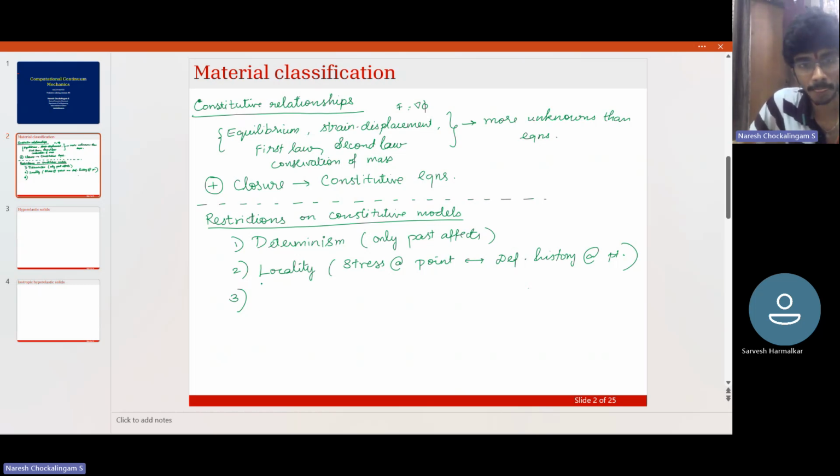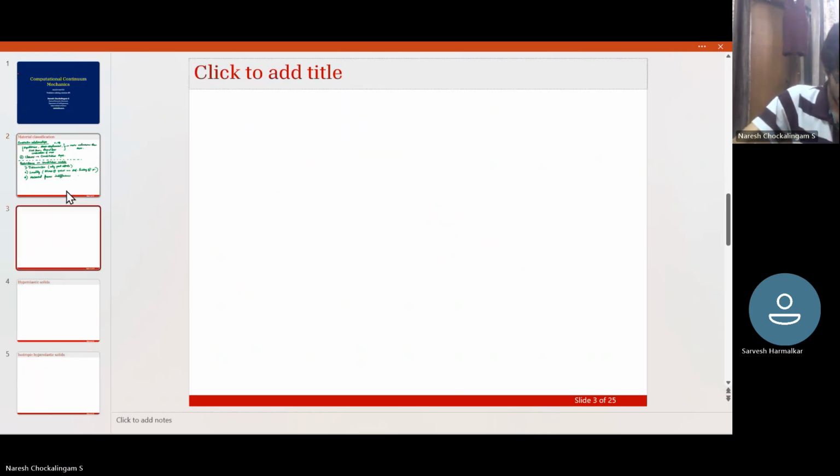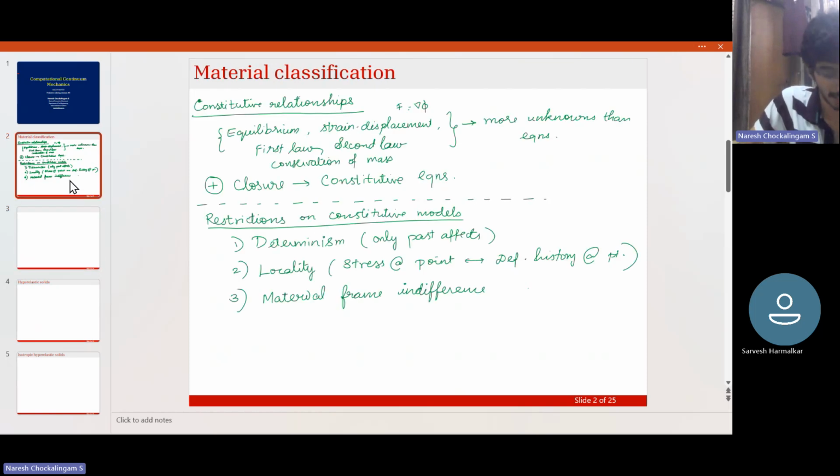Not only that, the constitutive equations have to satisfy a certain condition called material frame indifference. These are the conditions to be satisfied by any constitutive relation, regardless of whether it's a solid or a liquid or any continuum for that matter.